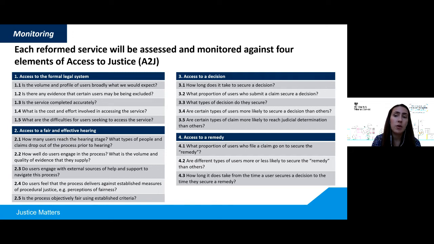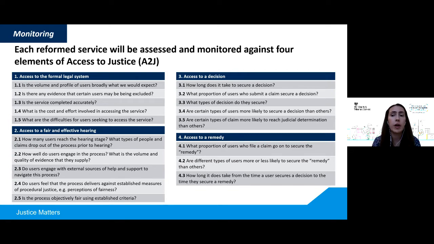To assess and monitor access to justice, we developed an assessment framework, and it incorporates the barriers mentioned earlier and is built on a definition that was initially developed by Natalie Byram and the Legal Education Foundation back in 2019. This definition essentially consists of 4 elements, which are shown on screen now. So we've got access to the formal legal system, access to a fair and effective hearing, access to a decision, and access to a remedy.